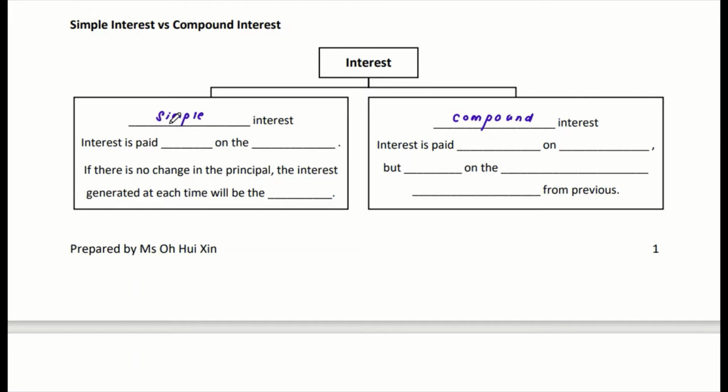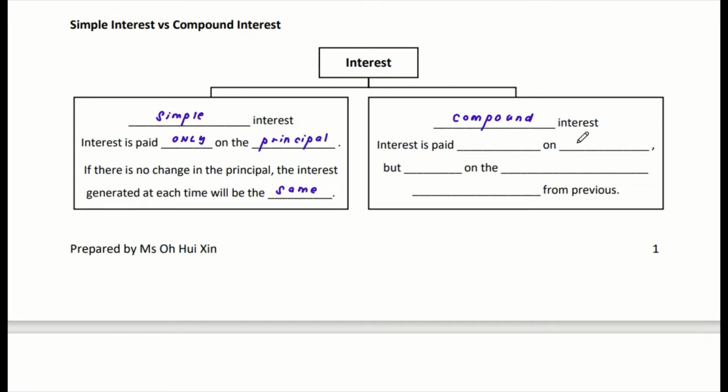The first one, when you look at the word simple, means that interest is only paid on the principal only. So if there's no change in the principal, the interest generated each time will be the same. So just remember, simple interest is only paid on the principal.